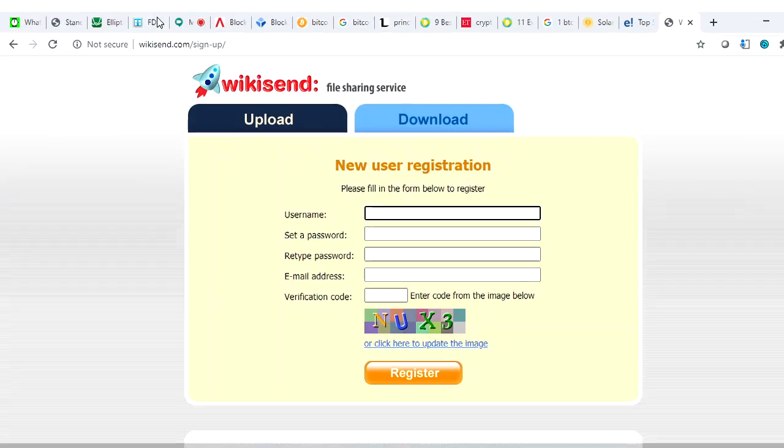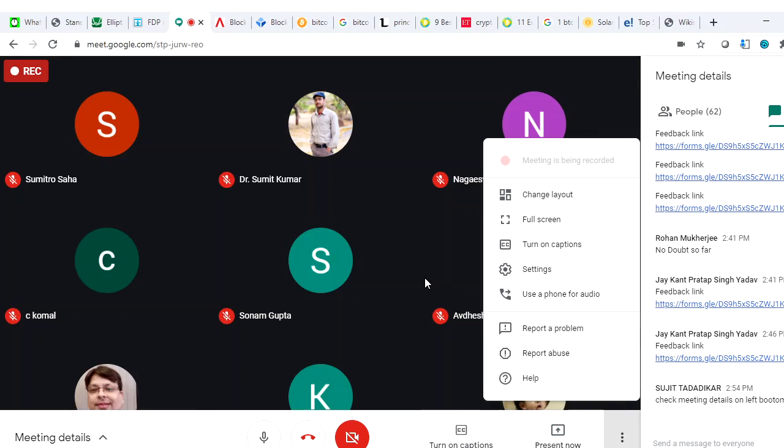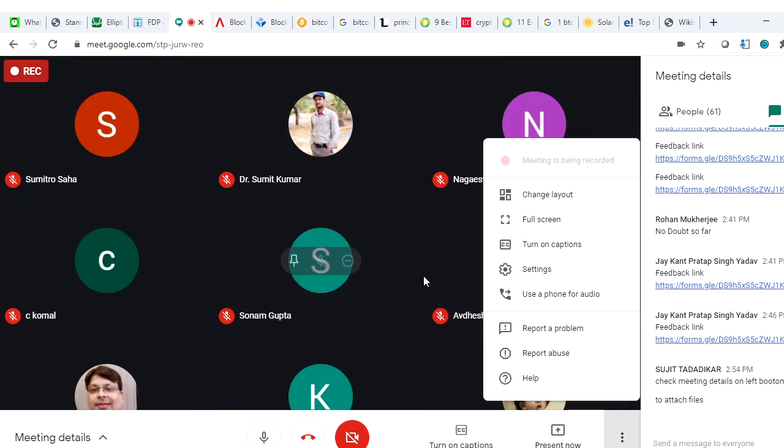I will send this file within 2-3 minutes on the same link. Download this file and go through the links that I have shown so far. At the same time, try to solve the exercise.